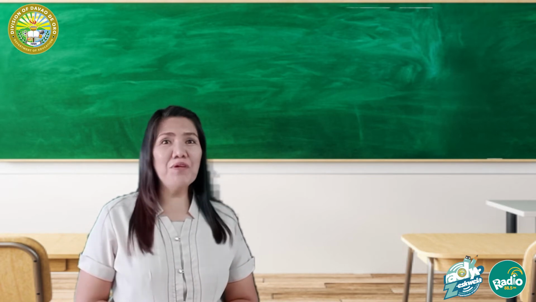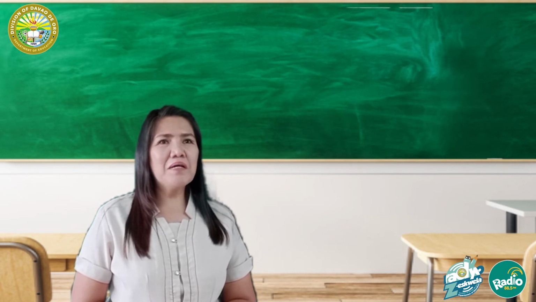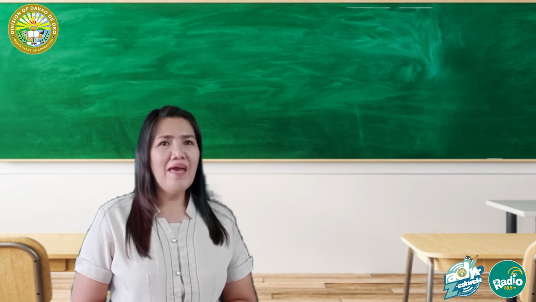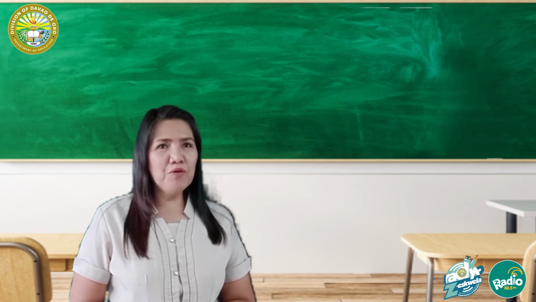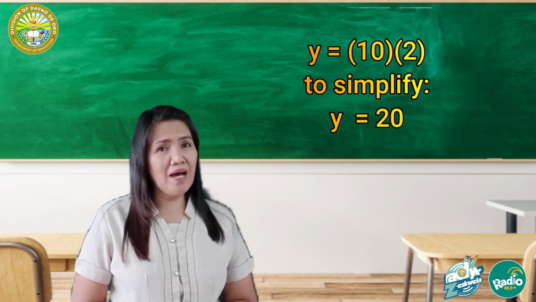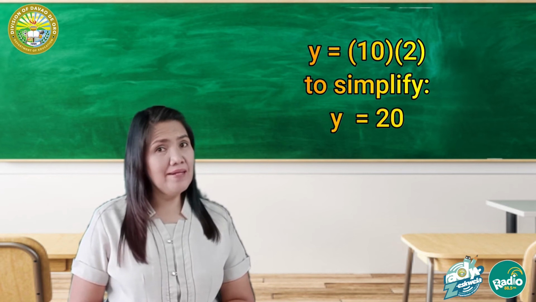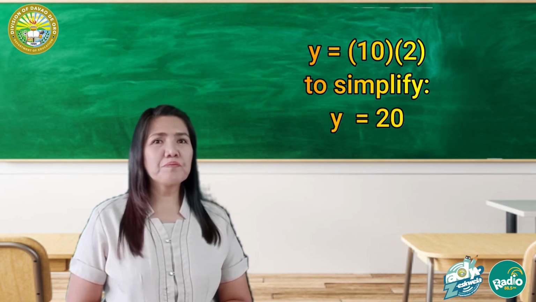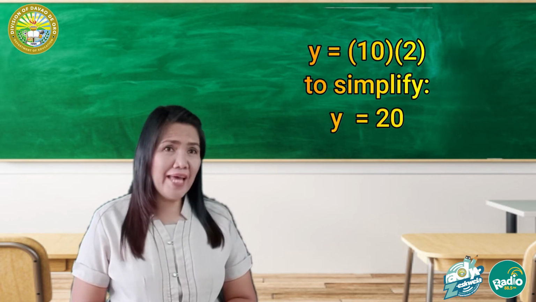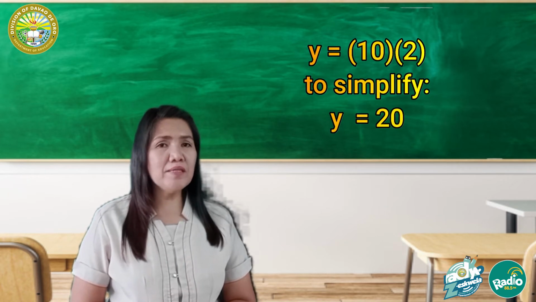Since our dependent variable is the distance, let y remain and substitute only the value of k and x, or our independent variable. The equation becomes y equals 10 times 2. Multiply 10 and 2. After that, you'll get the value of y, which is 20.